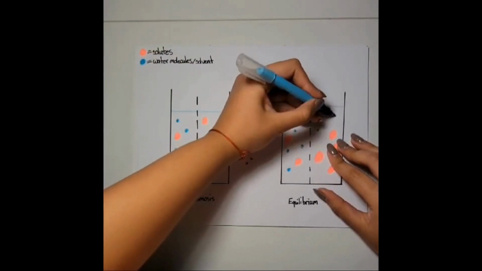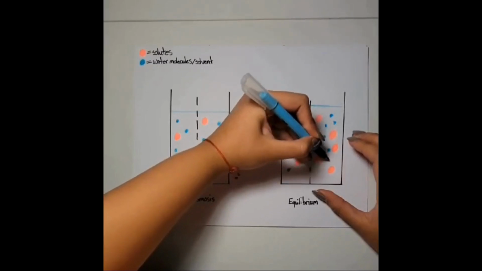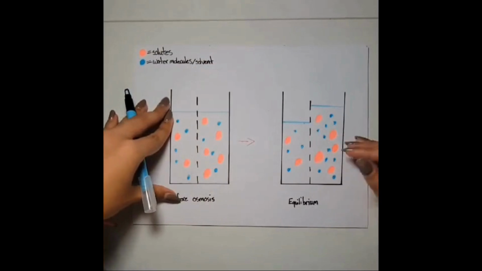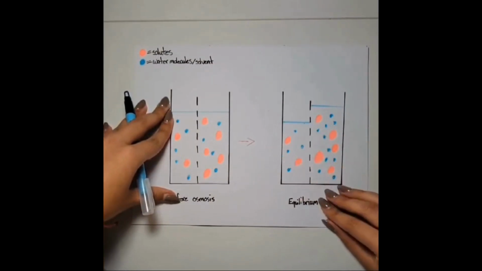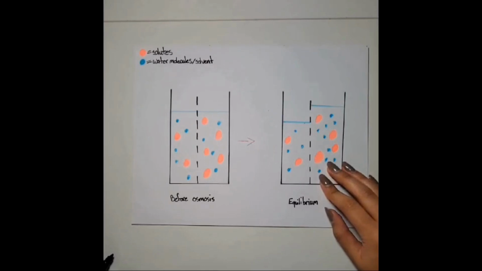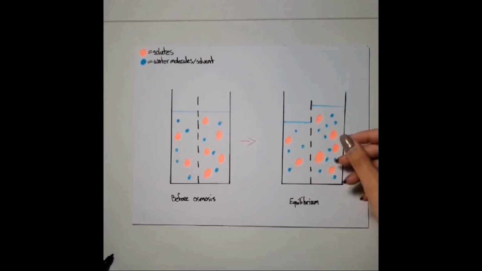So here, I'll draw it. And then that is how equilibrium is reached in osmosis. As you can see, it went from the low concentration to the high concentration.